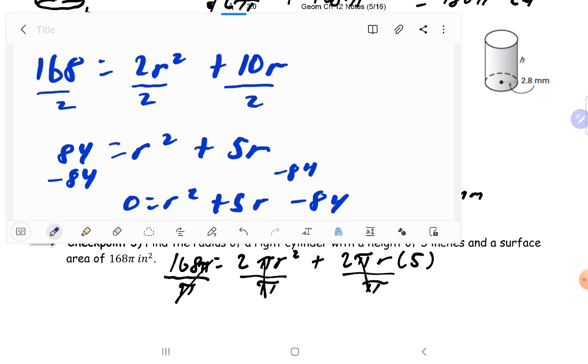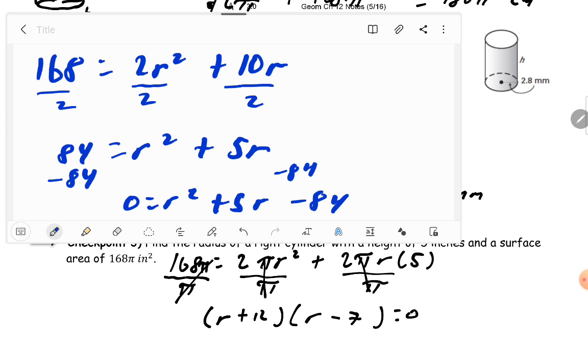So we're looking for factors of 84 that multiply to negative 84 and add up to 5. And that happens to be positive 12 and negative 7. 12 minus 7 is 5, 12 times 7 is 84.